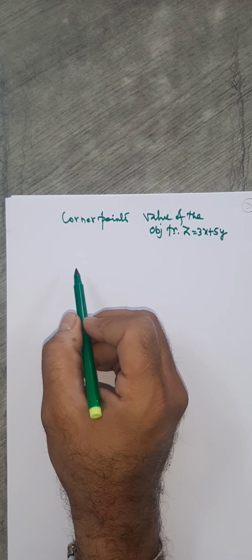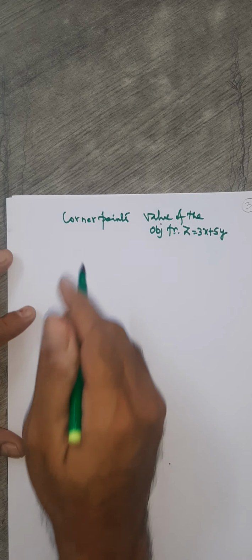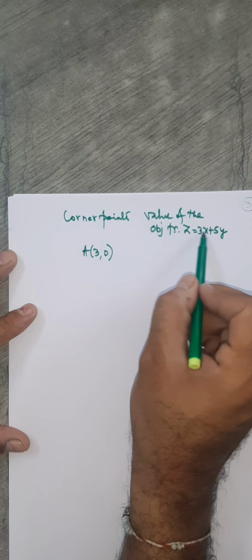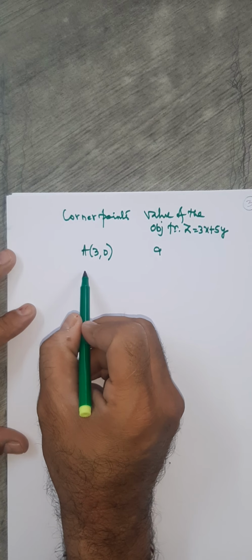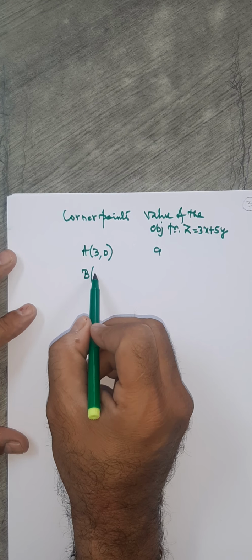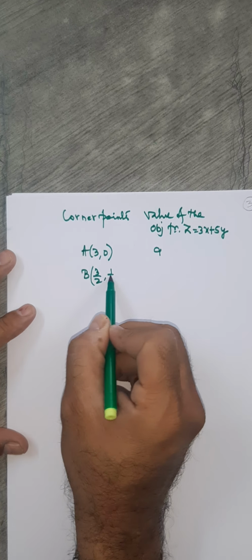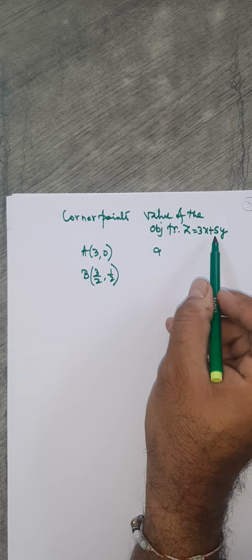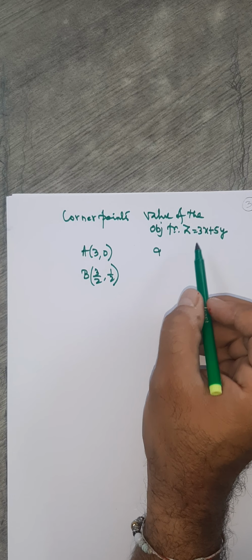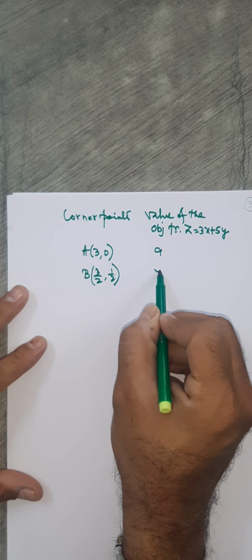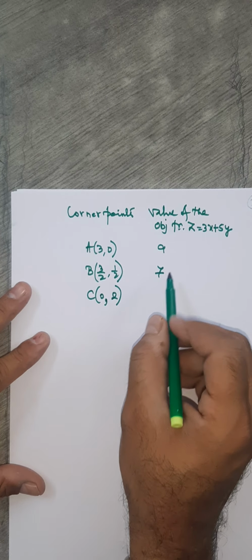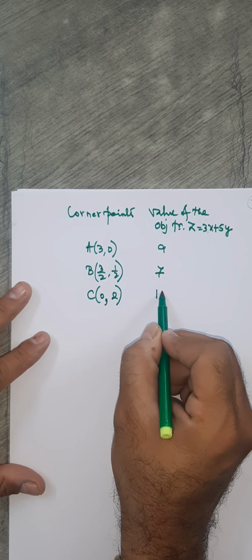Okay, so one corner point is A, which is 3, 0. What is the value of the function? 3 threes are 9 and this is 0, so 9. B is 3 by 2, 1 by 2. So this will be 9 by 2 plus 5 by 2, so 14 by 2, which is just 7. And C, what about C? 0, 2. So 0 then 2, it will be 10.